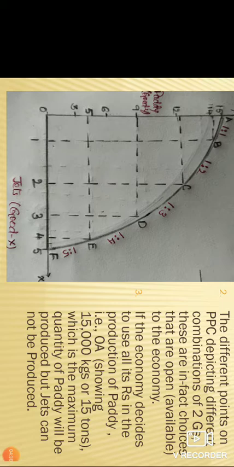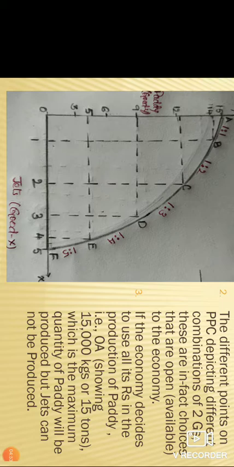That is the B combination. So the sacrifice is 1 ton and the gain is 100. It is 1:1. The slope from A to B is 1:1, and the slope is very, very flat.